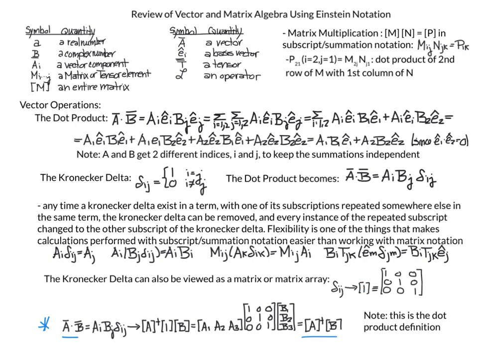So now we're going to have a transpose, the identity matrix, times the matrix b. It looks like this here, which is equal to a transpose b. Remember, this dagger symbol, which just looks like a T when I write it, is our transpose. And so note, this is the dot product definition. We can use this one, or we can use this matrix form for our dot product definition.